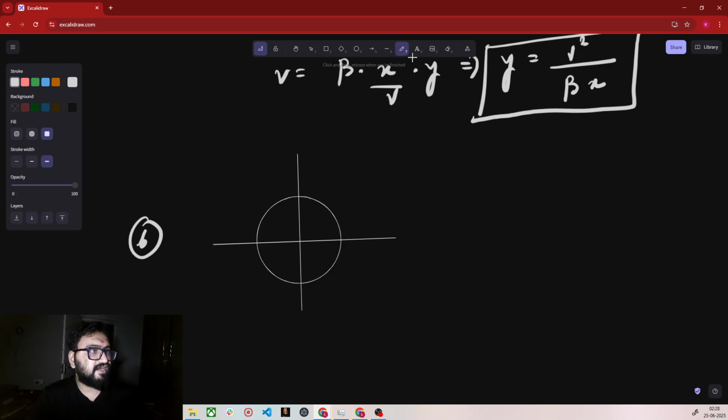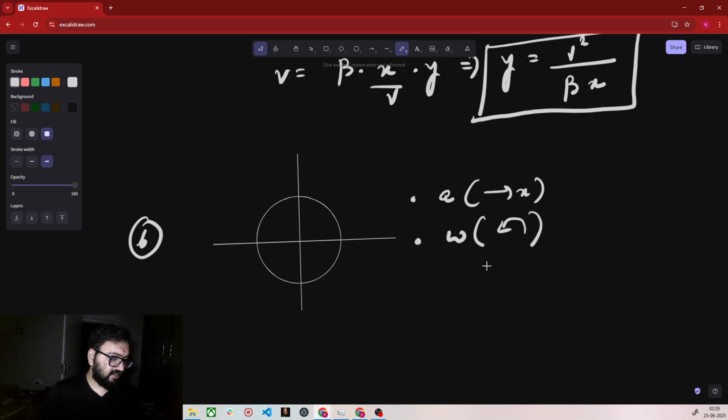So I'll write down the conditions. The first condition is the axis of the disk moves with a constant acceleration a along the positive x-axis, and it also has a constant angular velocity in the anti-clockwise direction.